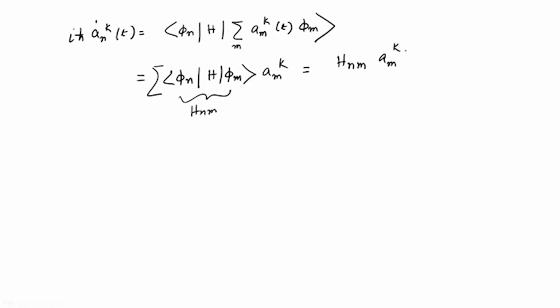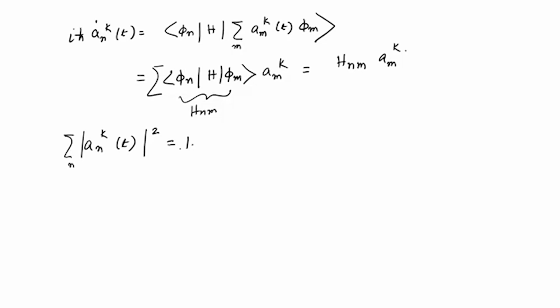All right. So, of course, that gives you that the sum over n of a nk of t squared is equal to 1.